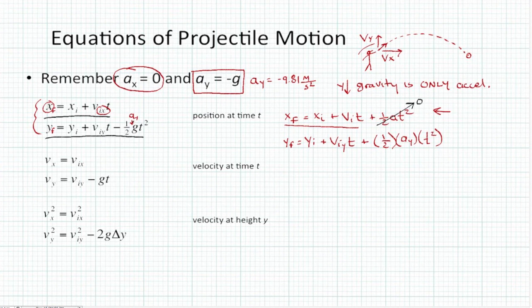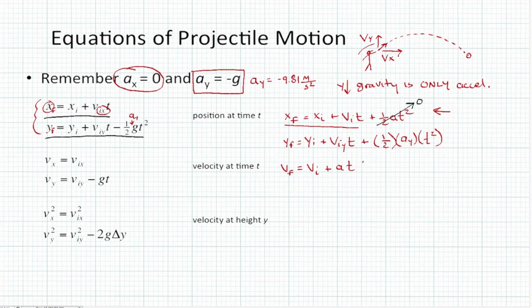Let's look at our second equation right here. You might recall that our velocity as a function of time was v final, that is our final velocity, is our initial velocity plus acceleration times time. Remember that? That was probably our first equation that we learned several chapters back.